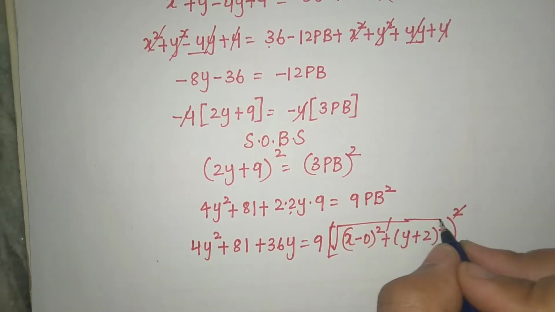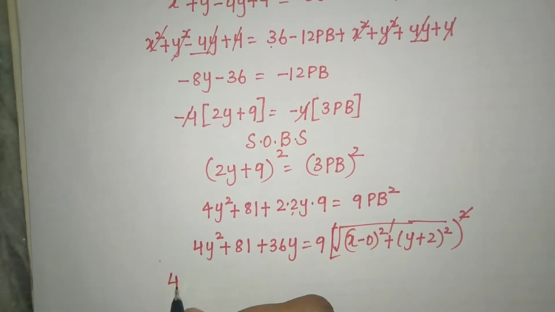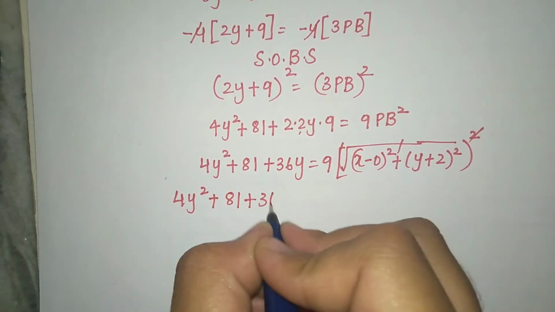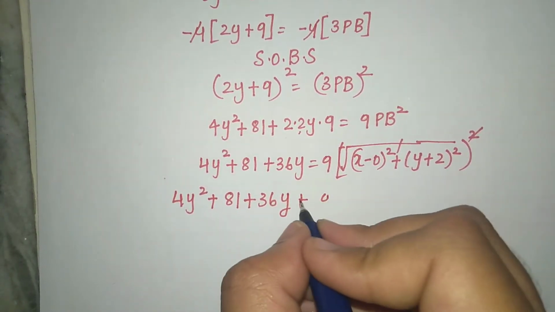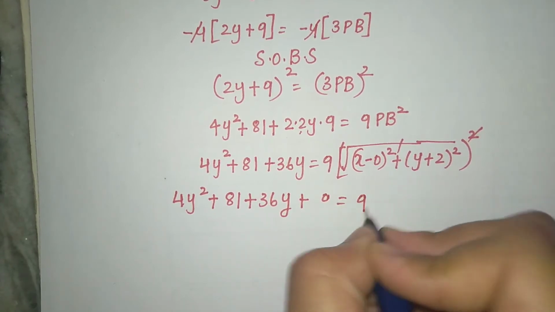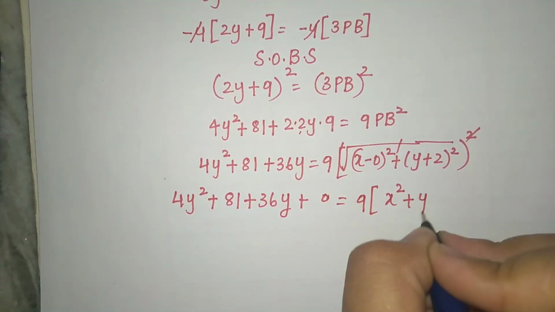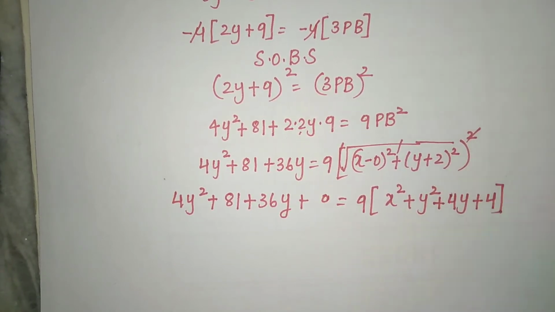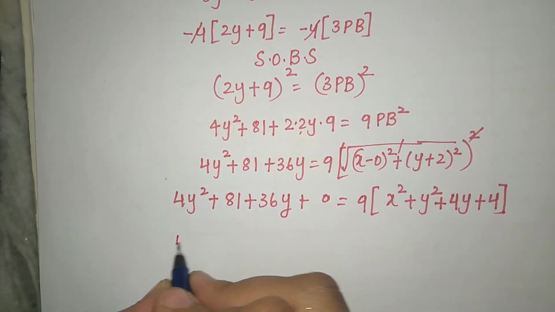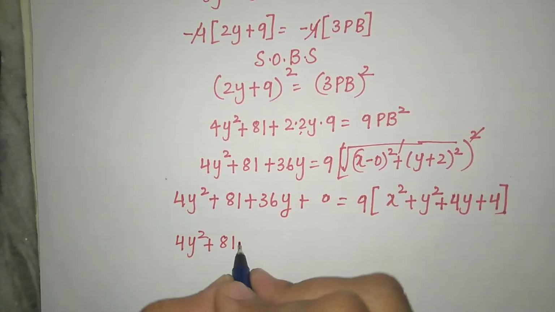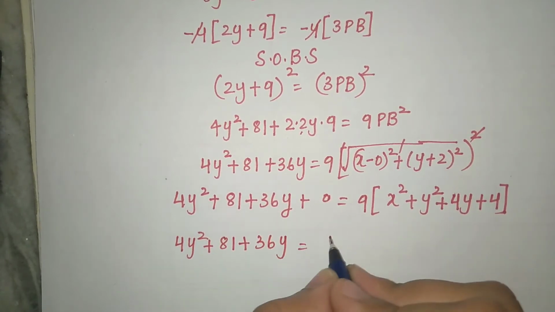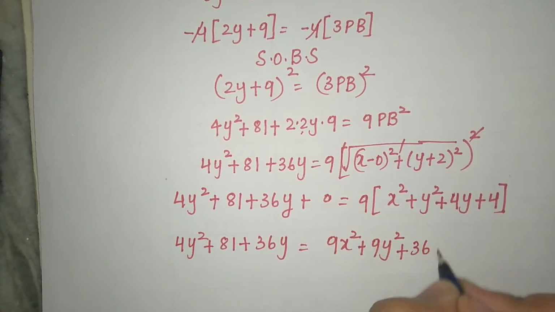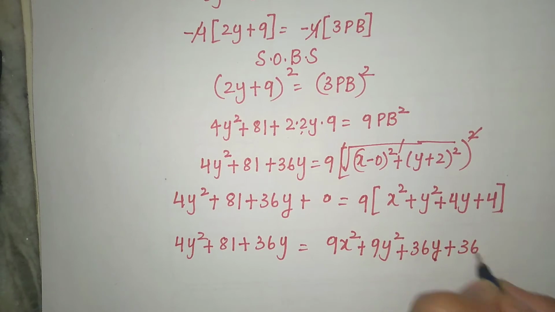Square and under root will get cancelled. Then we have 4y square plus 81 plus 36y is equal to 9 into (x square plus y square plus 4y plus 4). So 4y square plus 81 plus 36y is equal to 9x square plus 9y square plus 36y plus 36.